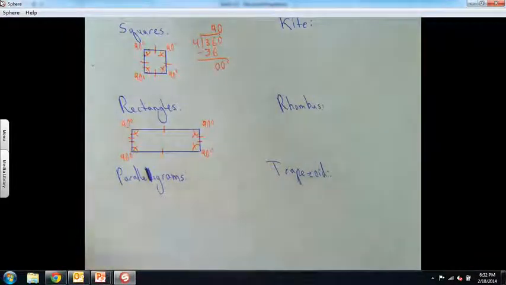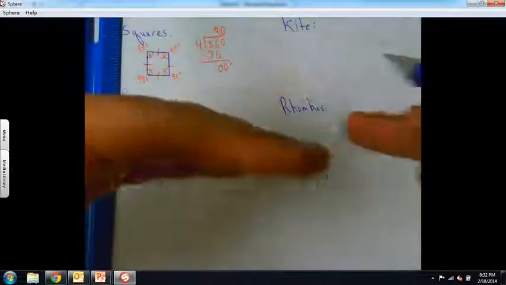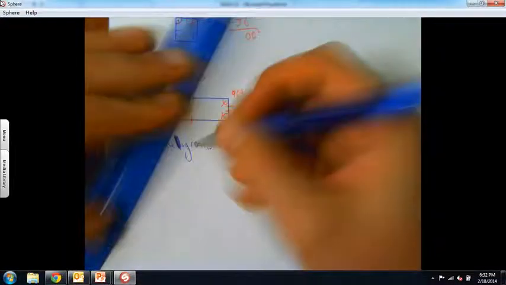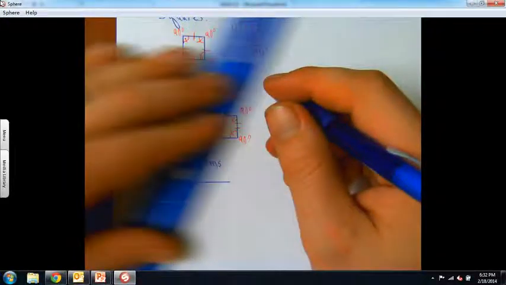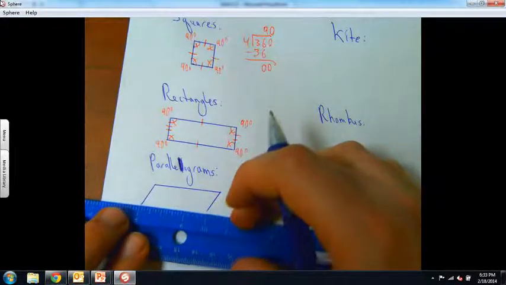Now, parallelograms are similar to rectangles, but they are squished and slanted. So I'll go ahead and take my rectangle and slant it a bit. And there we have a parallelogram.